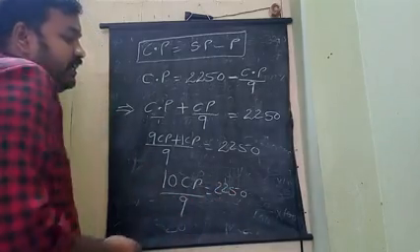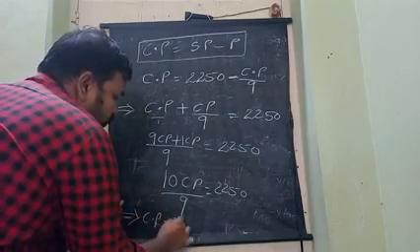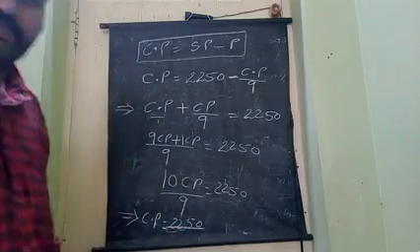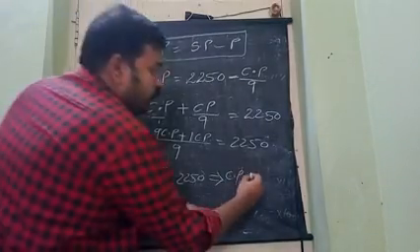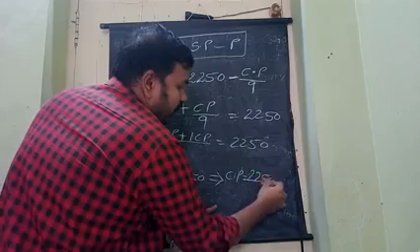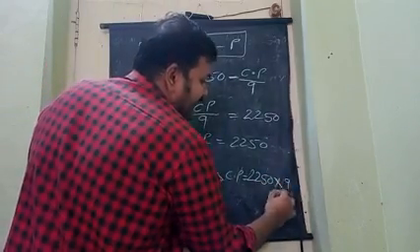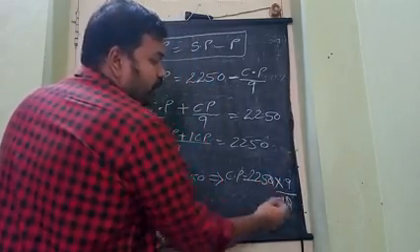Now taking the reciprocal, we want only the cost price, so CP is equal to 2250 into the reciprocal, 9 by 10. 0, 0 will cancel.